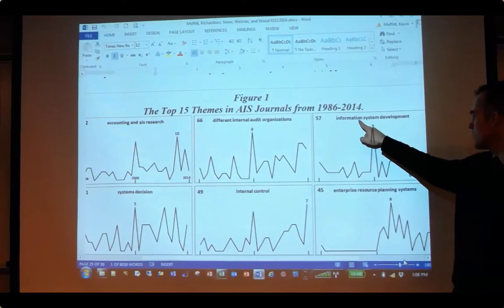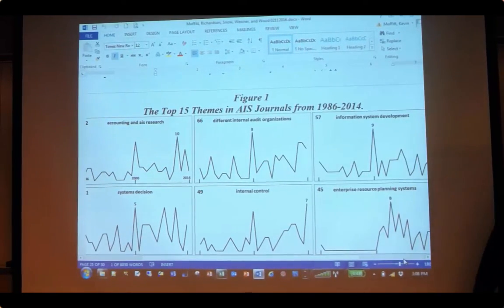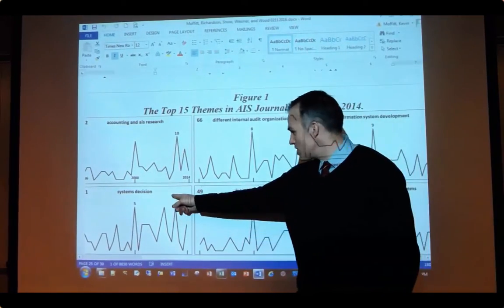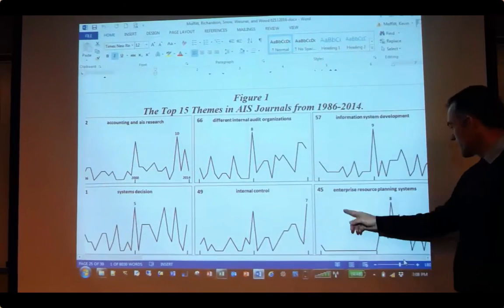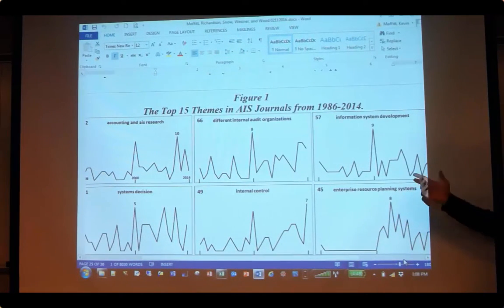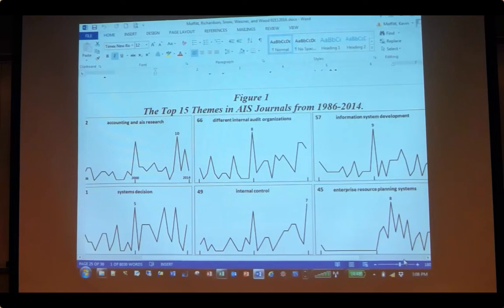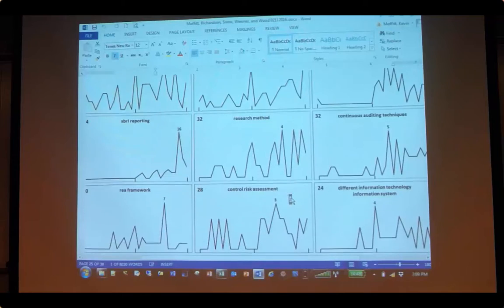See the third one: information system development, systems decision, internal control, enterprise resource planning systems. I didn't curate this. This is all just from my tool that I made, or the algorithms I use.